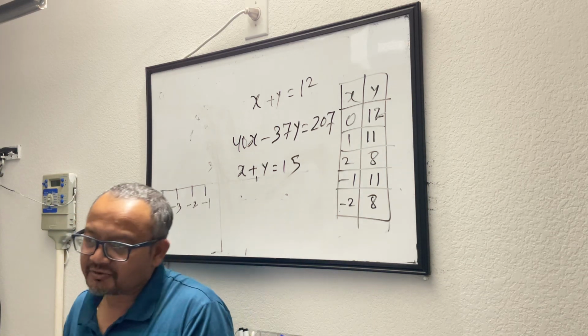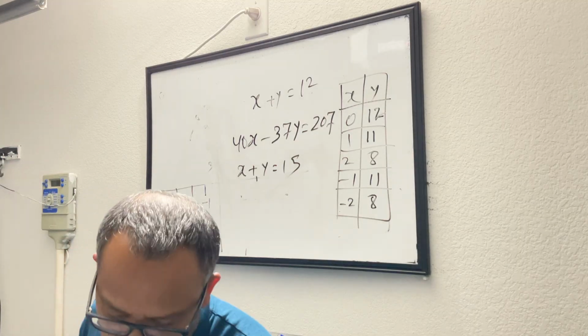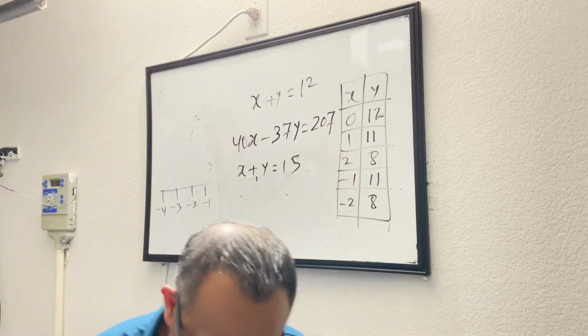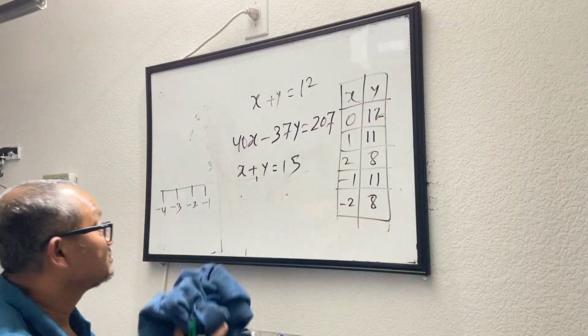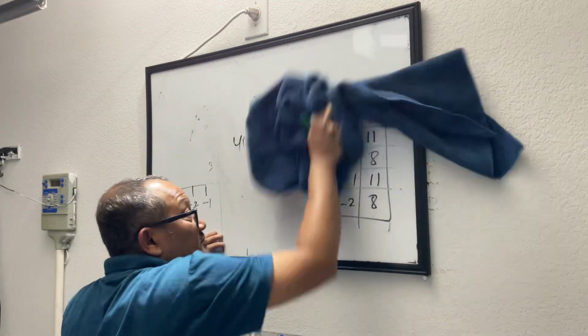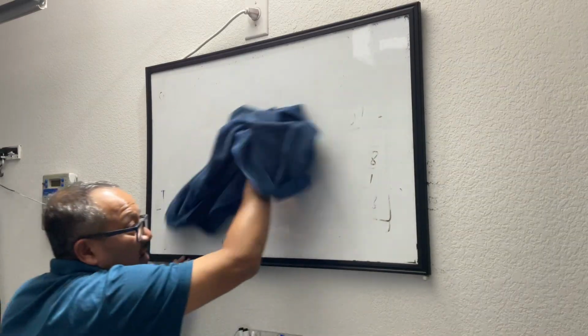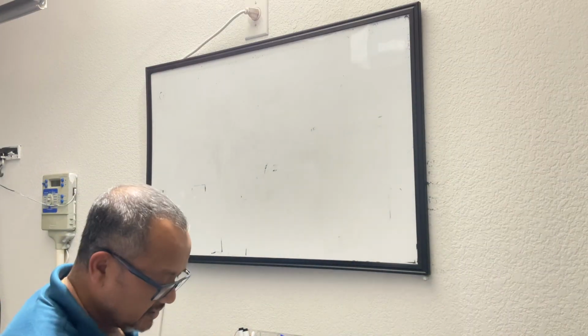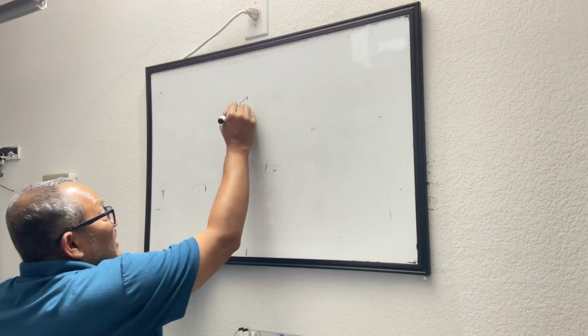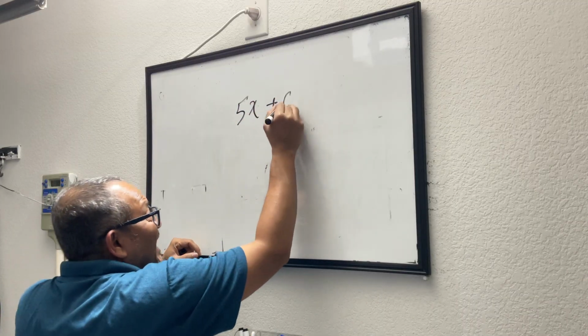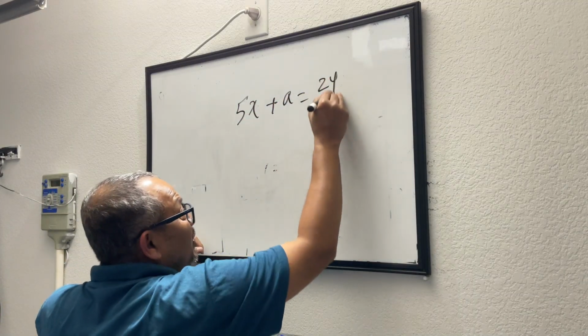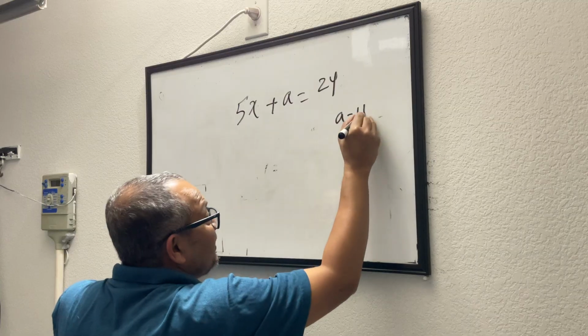Now, if I ask a question, let's do some quiz. If I have an equation 5x plus a equal to 24 and a is equal to 11.